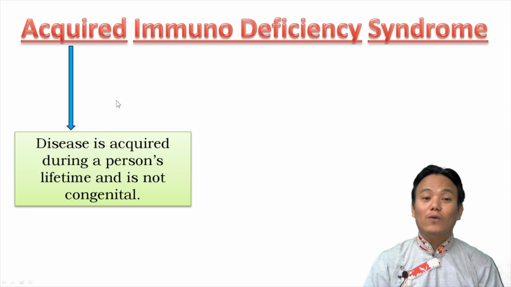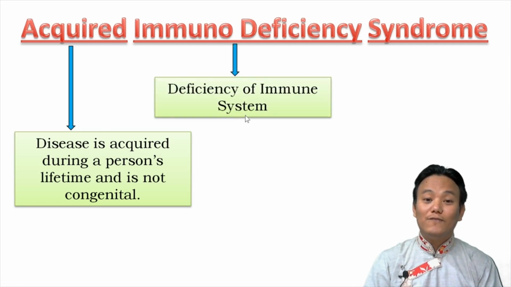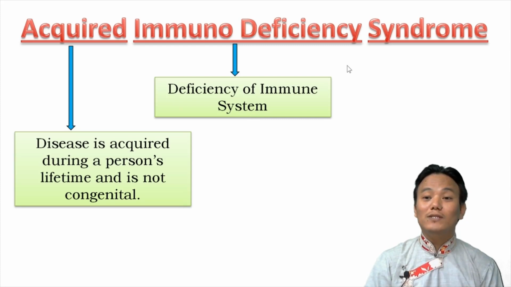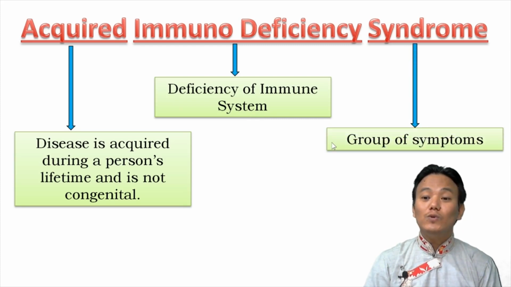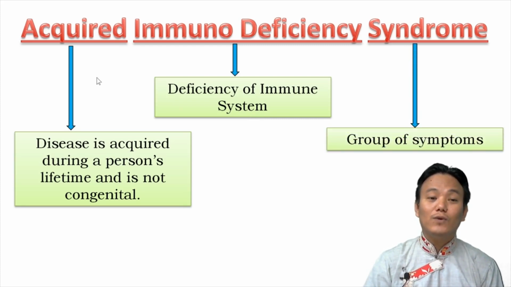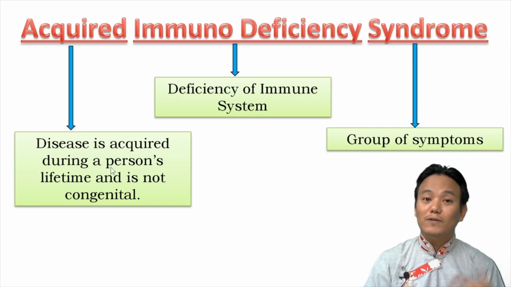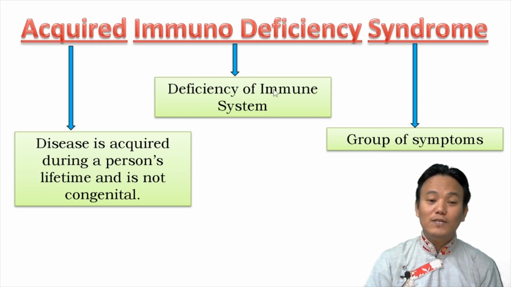Immunodeficiency means deficiency of the immune system, right? Your immune system becomes weakened in this disease. And syndrome means it shows a group of symptoms. So AIDS means a disease which is acquired during a person's lifetime, characterized by immunodeficiency, and it shows a group of symptoms.